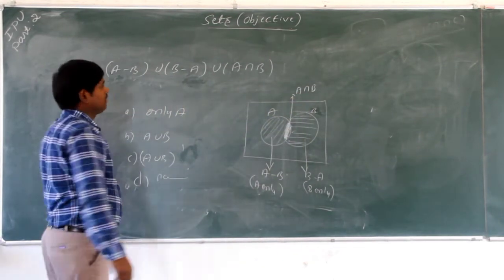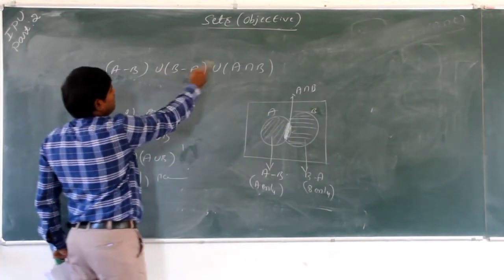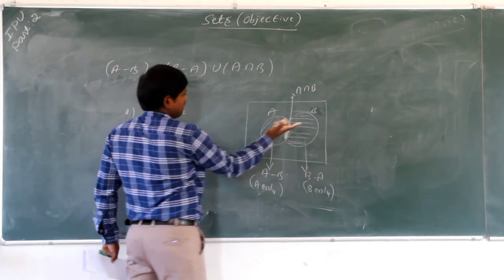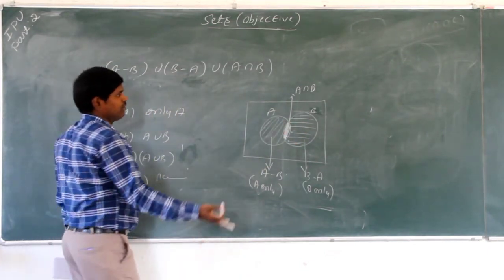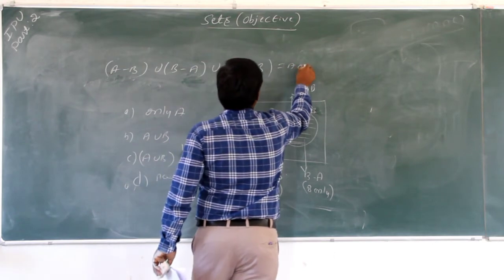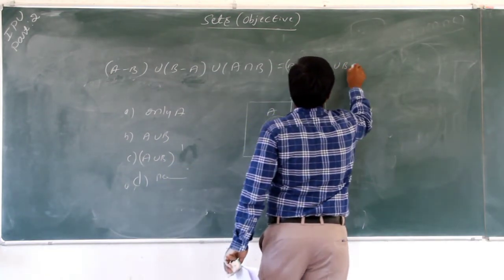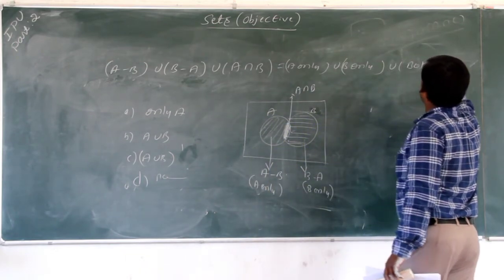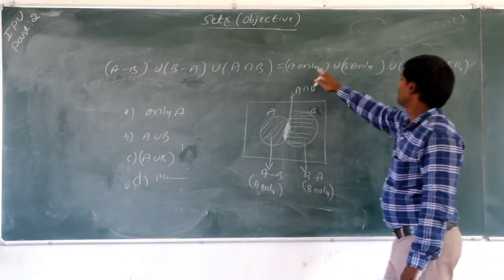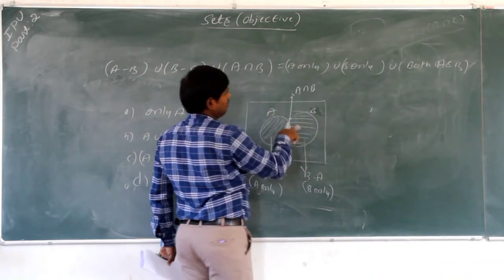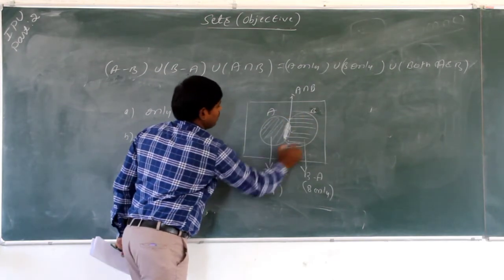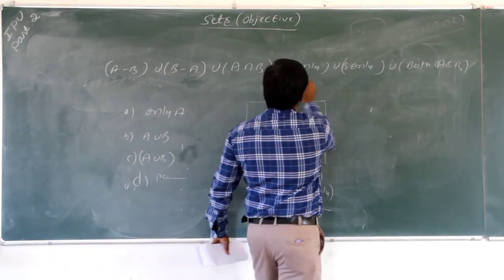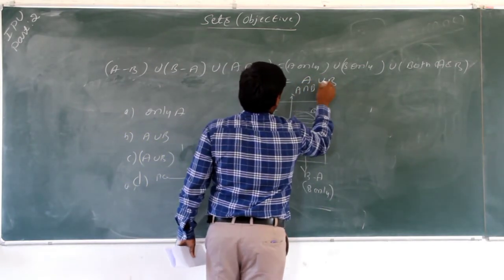Then we need to calculate A minus B union B minus A union A intersection B. Observe here, we are going to take the union of this area. So A only, union B only, union both A and B. So we are going to take the complete shaded region, which is nothing but A union B. Is it clear?